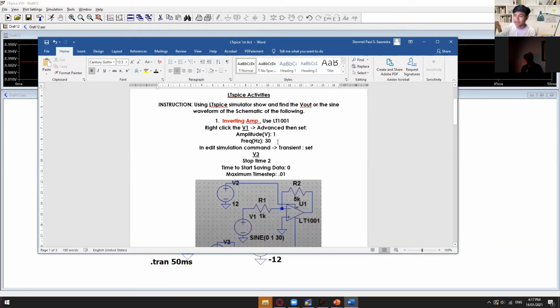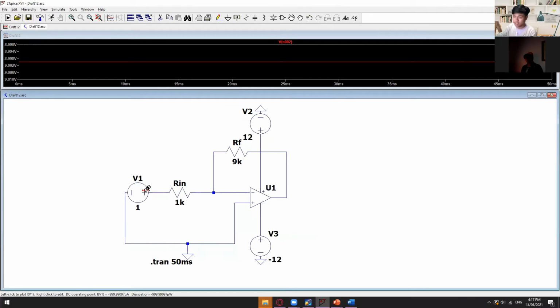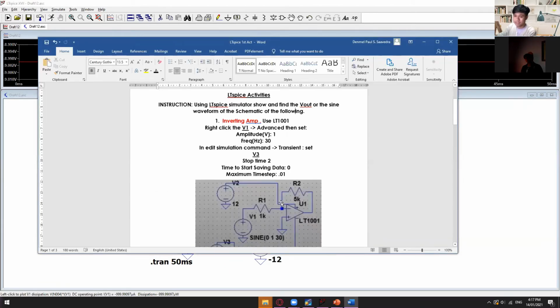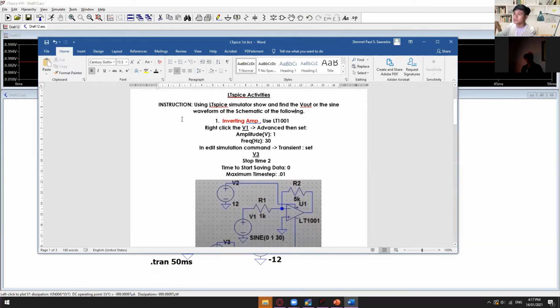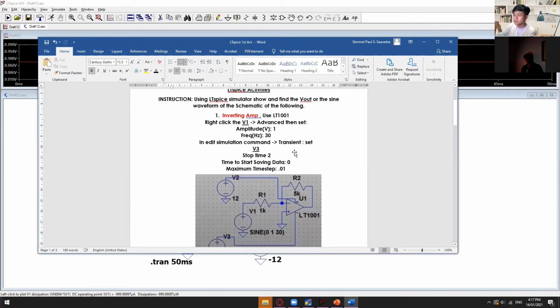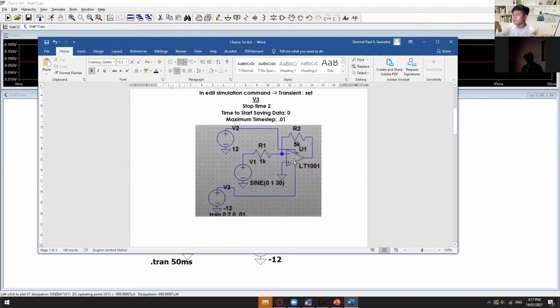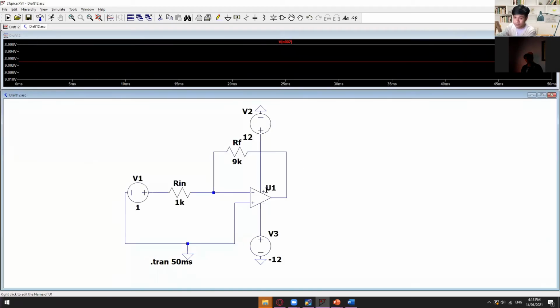Earlier, we only used DC. Now you will use AC. Last meeting, I showed you how to set the DC into an AC voltage. This is the indicator that it is a sine wave, or AC wave. Here we have an inverting amplifier, and it says reuse the LT1001 model of op-amps. How do I know it's LT1001? Earlier I used the universal op-amp.